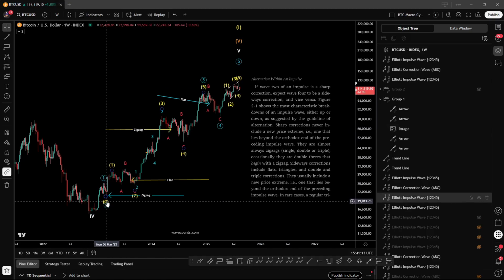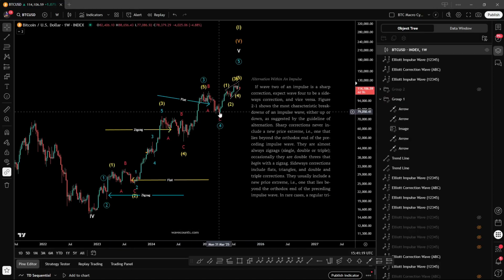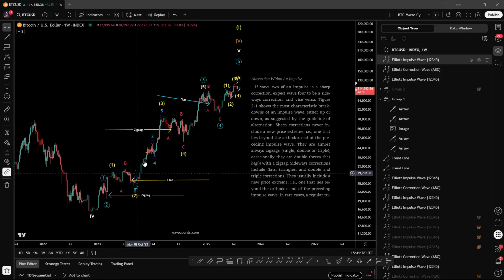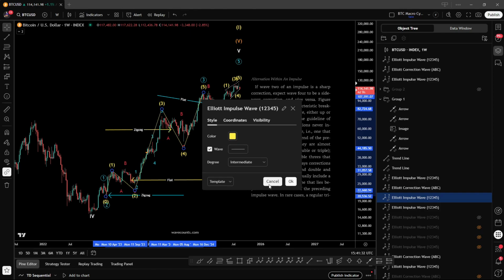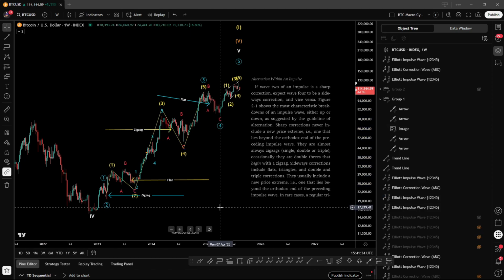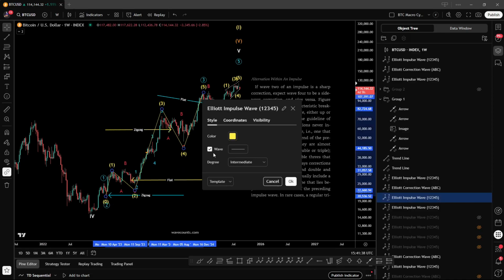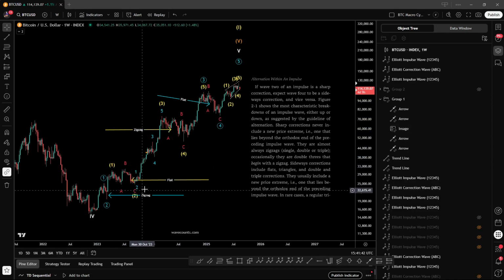We have a sharp correction that does not create a new price extreme, and we have a flat correction that does create a new price extreme in the B wave. That's alternation. We can even look within the extension here, the yellow wave. I'll turn the lines on so you can see it. Okay? The yellow extension. 2 is a flat.